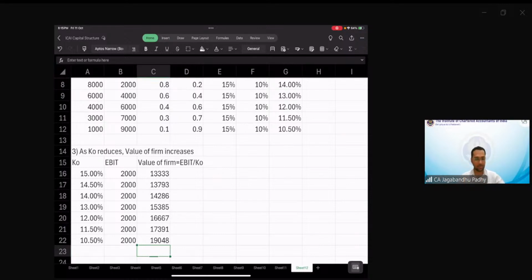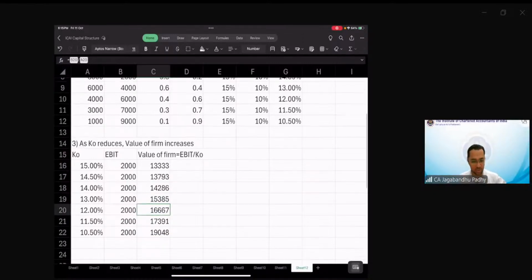Correct? Right, guys? So the value of the firm is increasing with a change in debt.